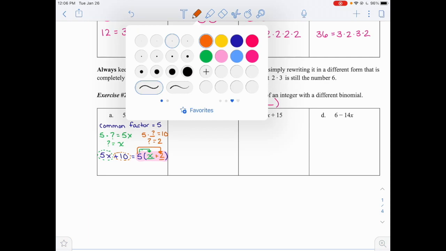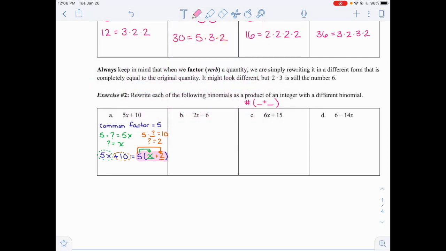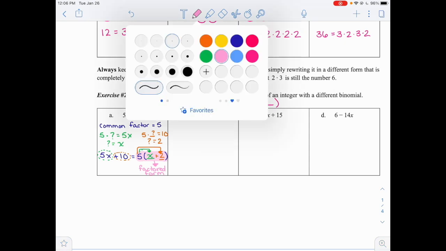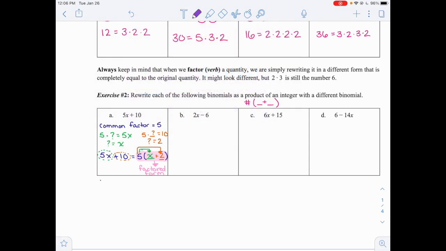So factored form, sometimes they'll ask you, what's the factored form? So this is it. And we can check our work. The best way to check our work is to distribute.